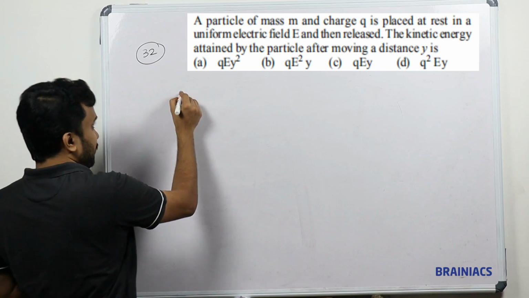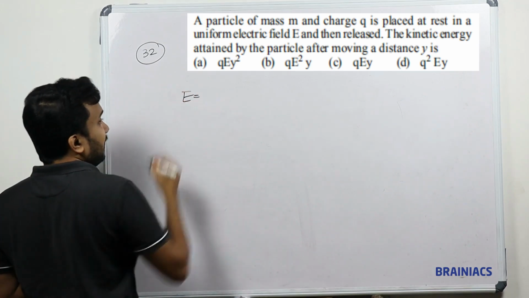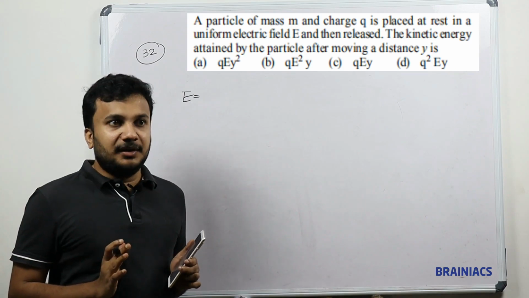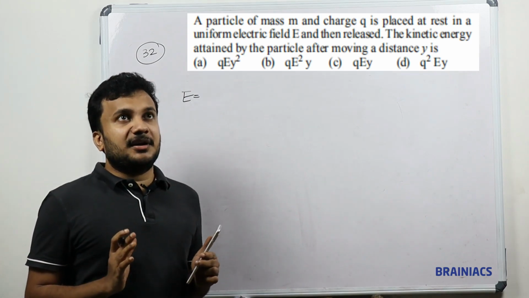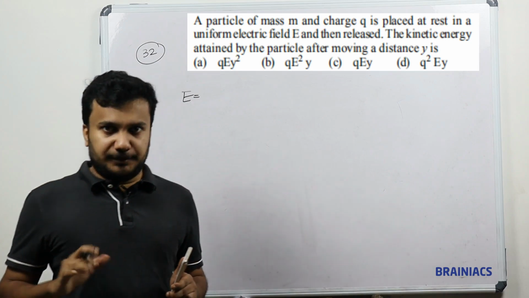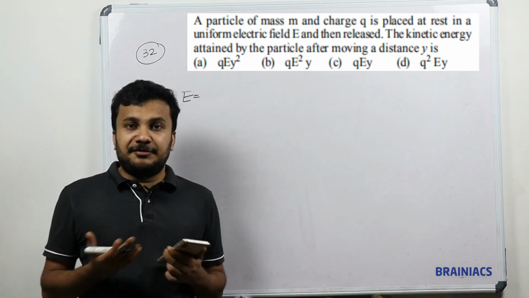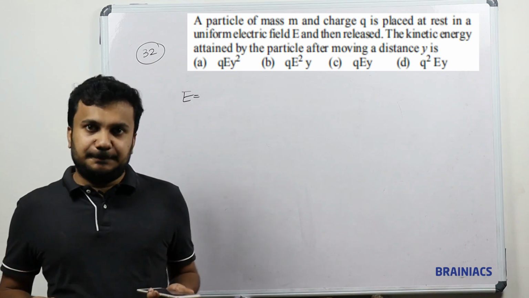Energy is equal to force into the distance traveled. Normally if the term kinetic energy comes, you may think of half mv square, because v is a velocity. But here we have no way to find out velocity.